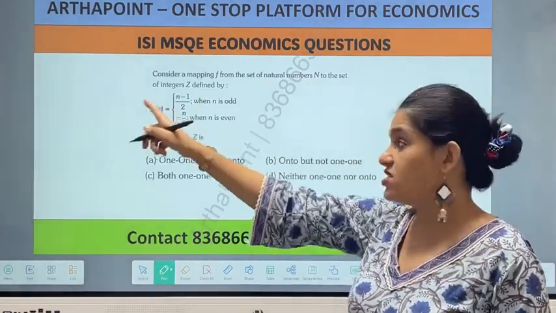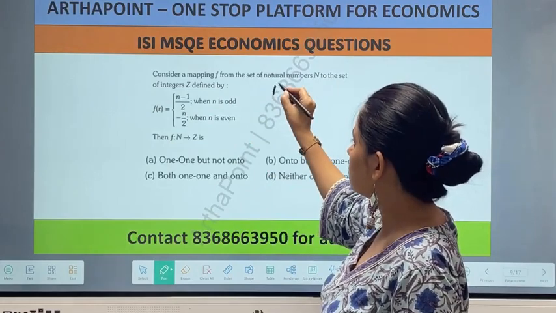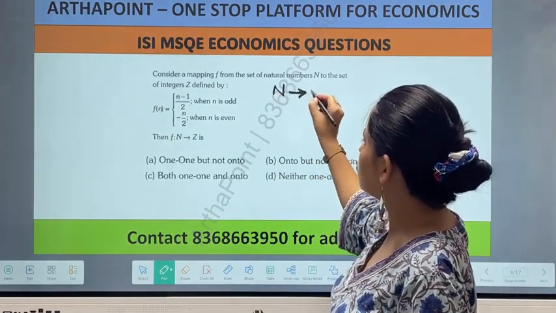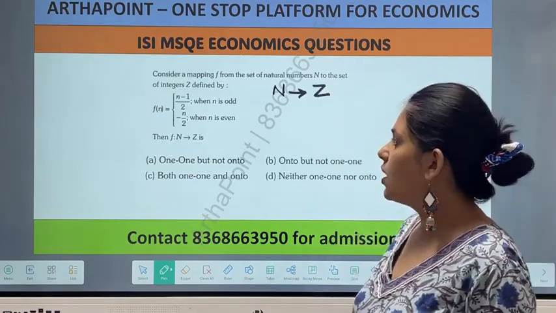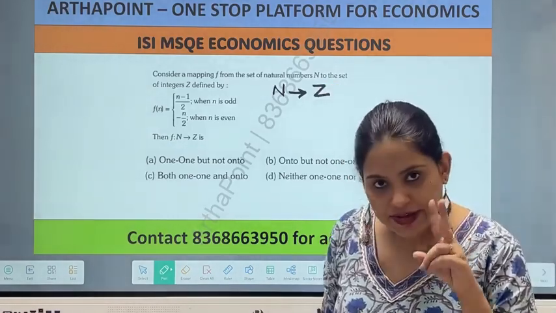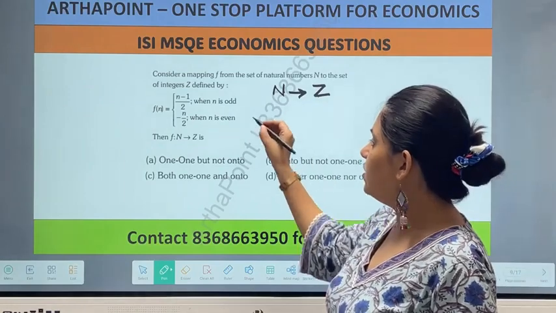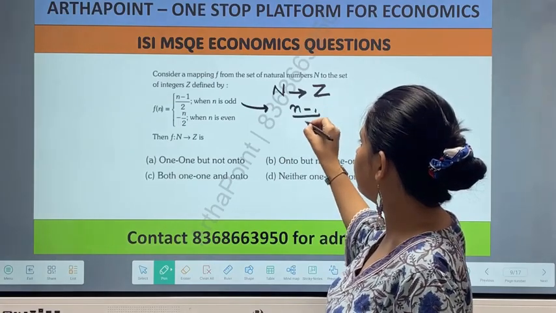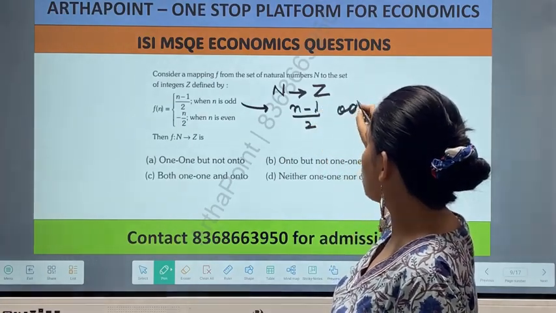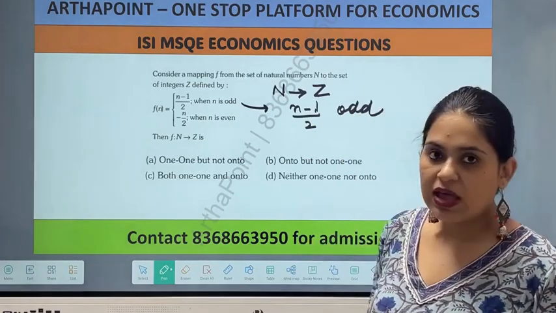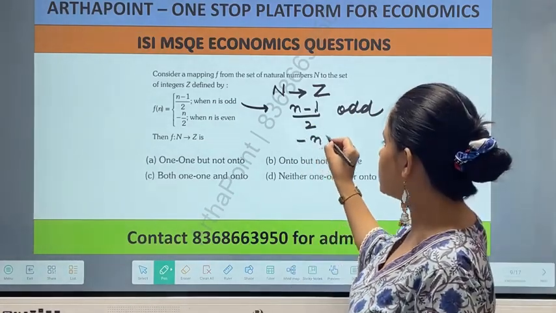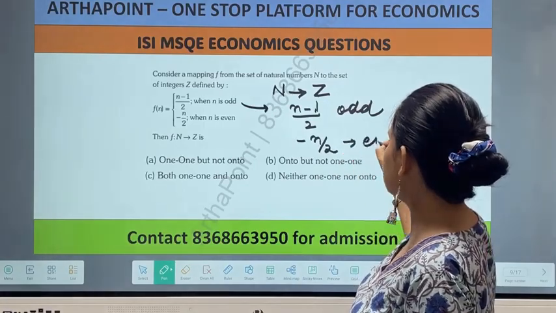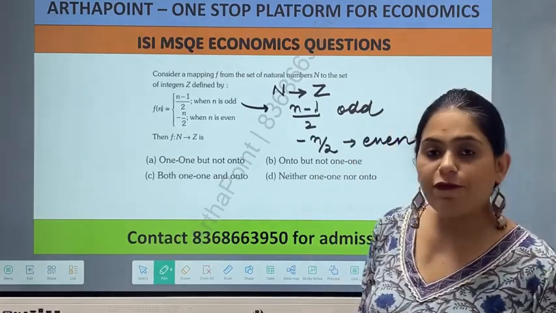And the function is defined in two ways. One, the function is defined as n minus 1 by 2. When is this defined, beta? When n is odd. And it is defined as minus n by 2. When is this defined, beta? When n is even. So the function has two parts to it. One when it is odd and second when it is even. I have defined the function like that.